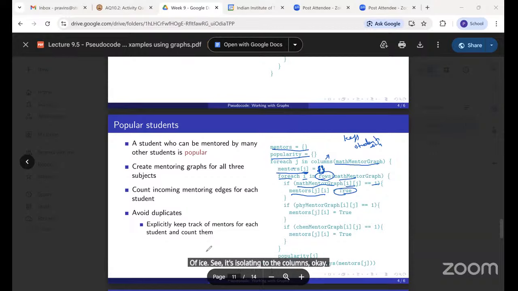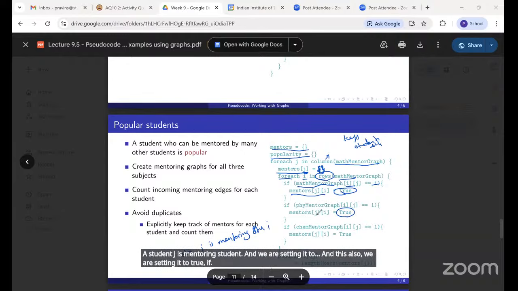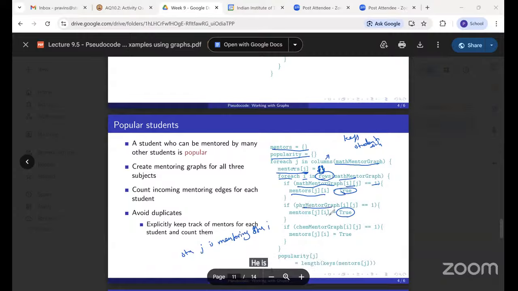That means student j is mentoring student i, and we set it to true. We also set it to true if j is mentoring i for physics, and if j is mentoring i in chemistry.